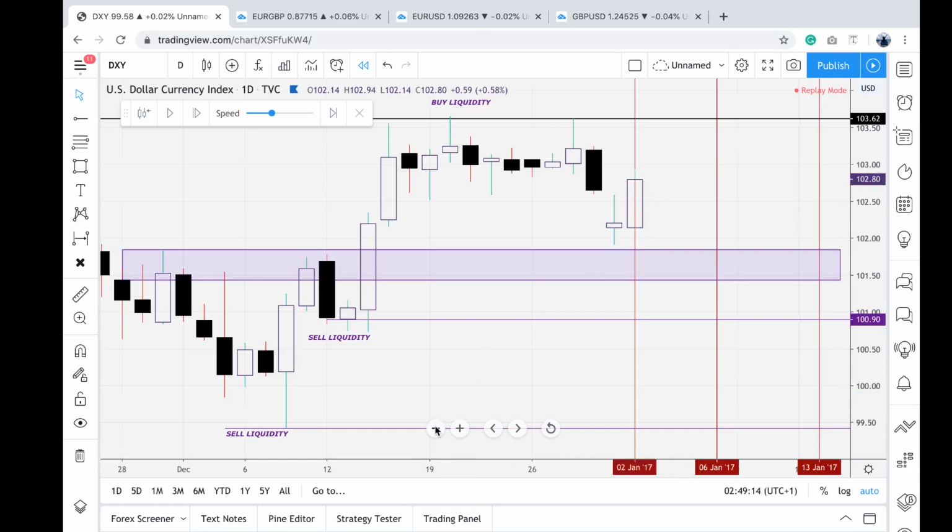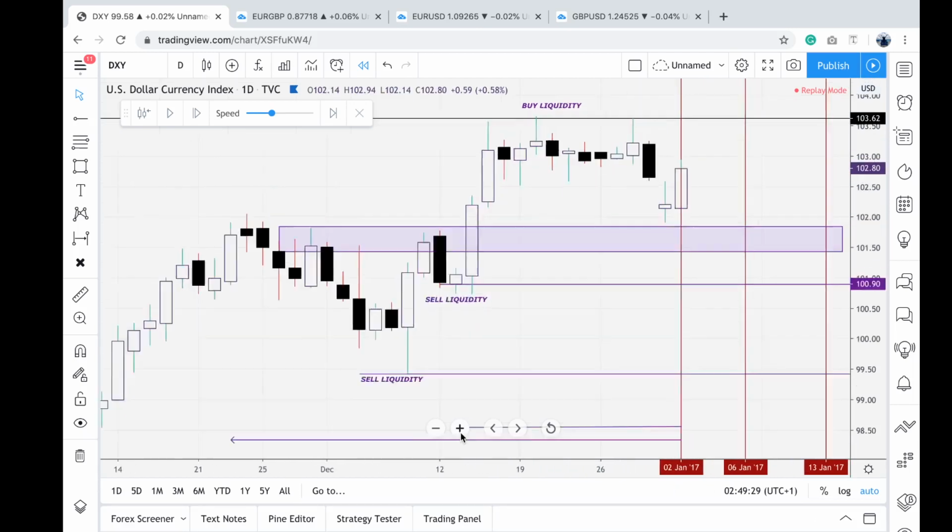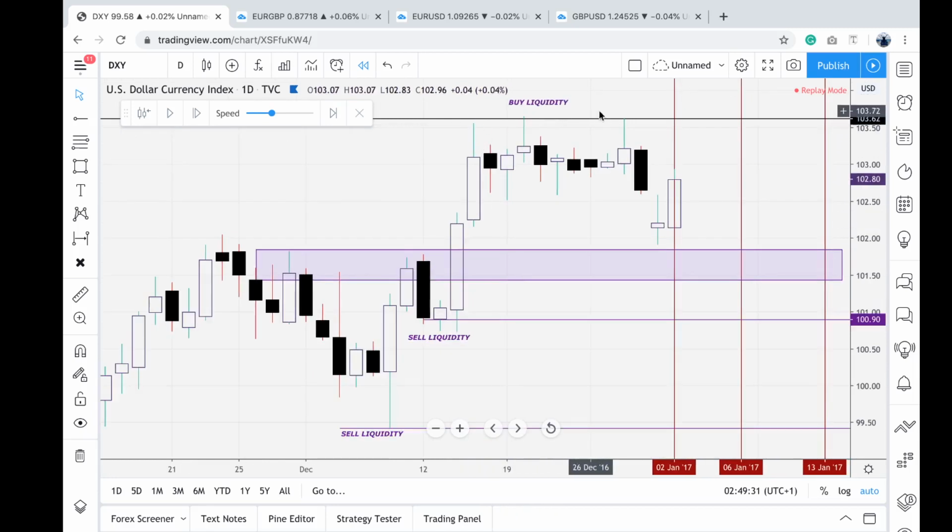Now the next question we're gonna ask ourselves is, so what are we looking for in the marketplace? Obviously, we're at a premium on the DXY. Okay, we're looking for sell side liquidity, but also if price dips into the zone, we could see buys. But I want you guys to notice how clean the body of these candles are.